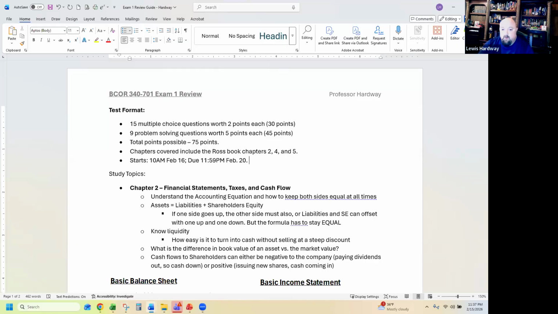Remember, these are due by, so let's add the word "by" so that's clear. Due by 11:59 means if you open it at 11:58, one minute into your exam, it's going to automatically submit, and chances are you'll have a 0, or maybe 2 points if you guessed the first multiple choice question.